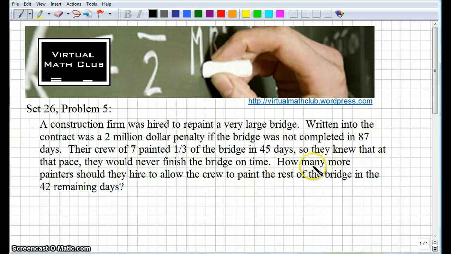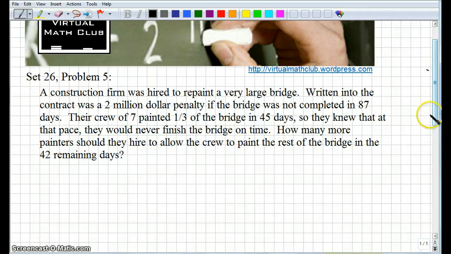Alright, well, I'm going to start by making a table to list out the information that we know. So we have the number of painters, and, well, I'm actually going to write this as the number of bridges, even though there's only one bridge, but this will be the portion of a bridge.